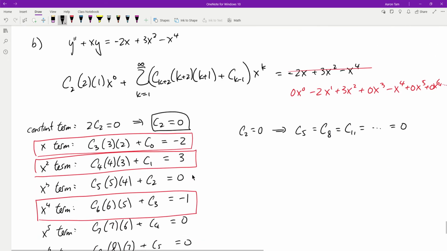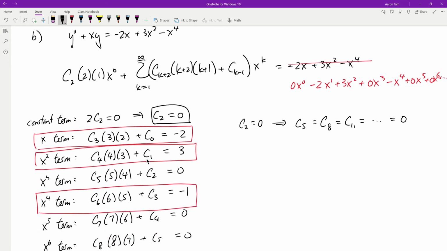To satisfy this equation with c sub 1 and c sub 4, I can either make c sub 4 equal to 0 or c sub 1 equal to 0, and then use the other number to satisfy the equation. Make sure you understand the choices you have to make. So c sub 4 times 3 plus c sub 1 equals 3 can be satisfied 3 different ways again.